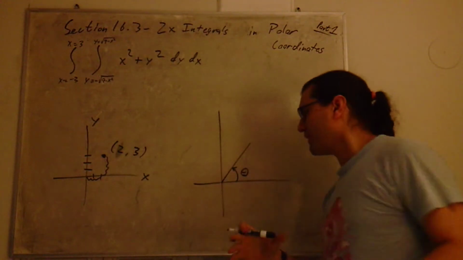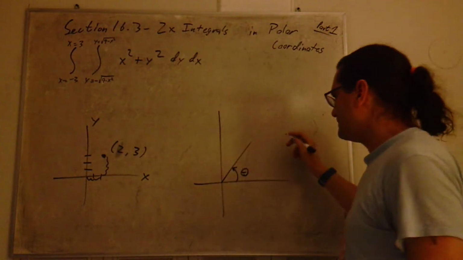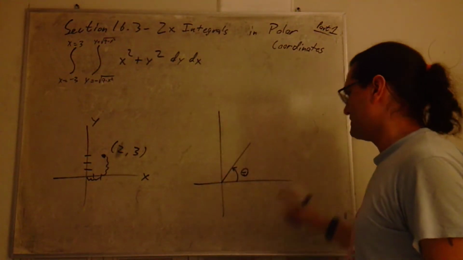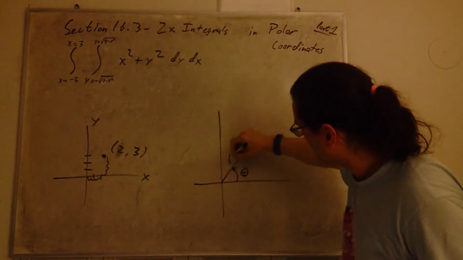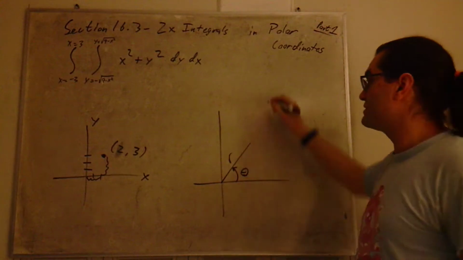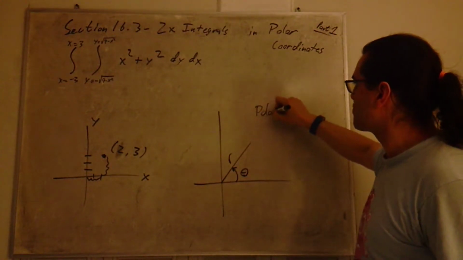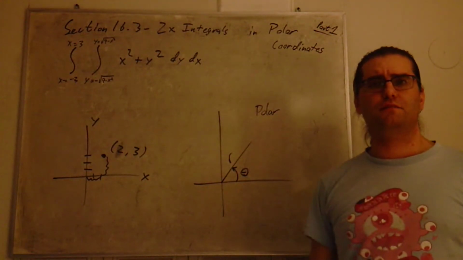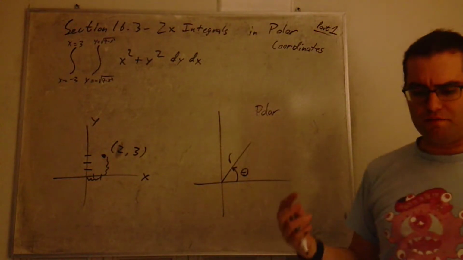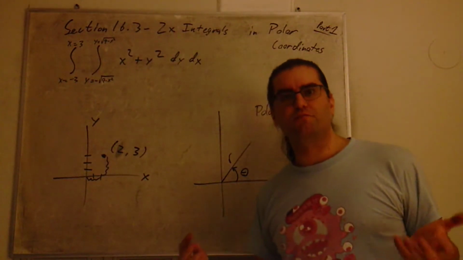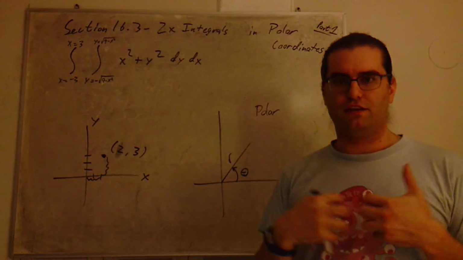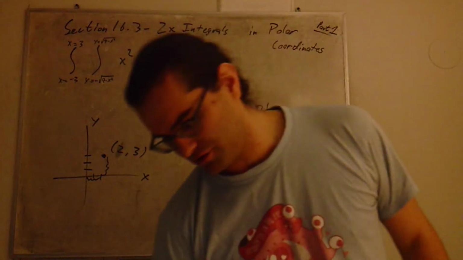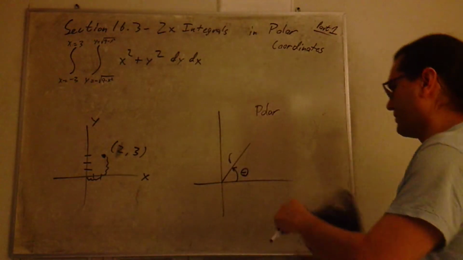An angle on the xy axis and a distance. So this is polar. And there are some equations that I'm confident we all remember from pre-calculus that connect polar and rectangular functions and coordinates.